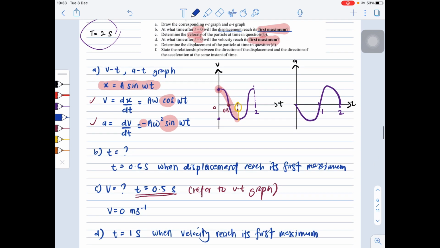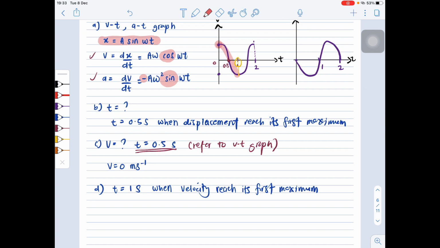Okay, so question E now. Determine the displacement. So we want to find the value of x when t is equal to 1 second. So this one again refer to the xt graph. Sebab kita mau tahu adalah the value of x.